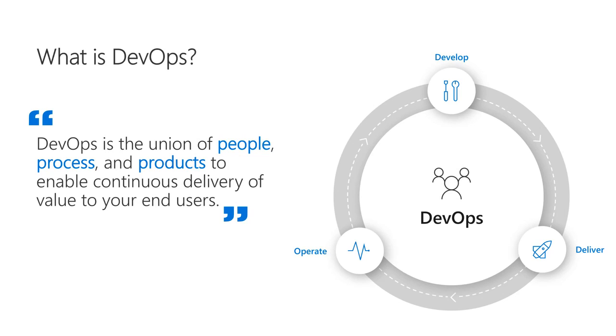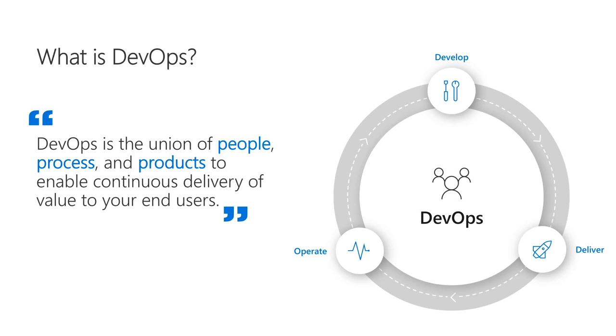So what is DevOps? When we think about what exactly DevOps is, the first thing that I want to get across is that DevOps is not a thing by itself. DevOps is the union of people, process, and product. Notice that I didn't say people, process, technology like a lot of terms you see here.